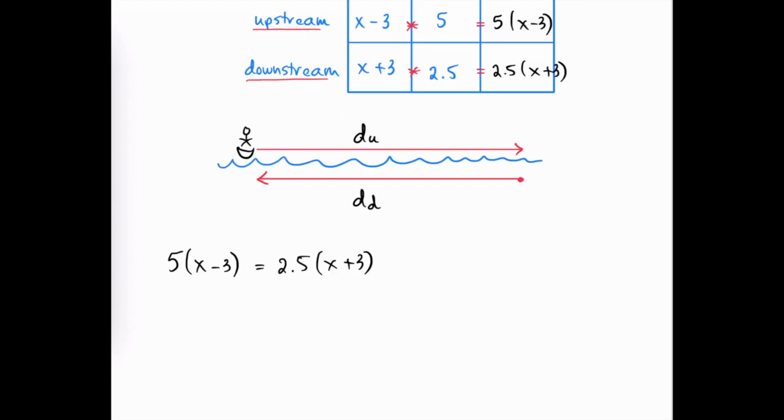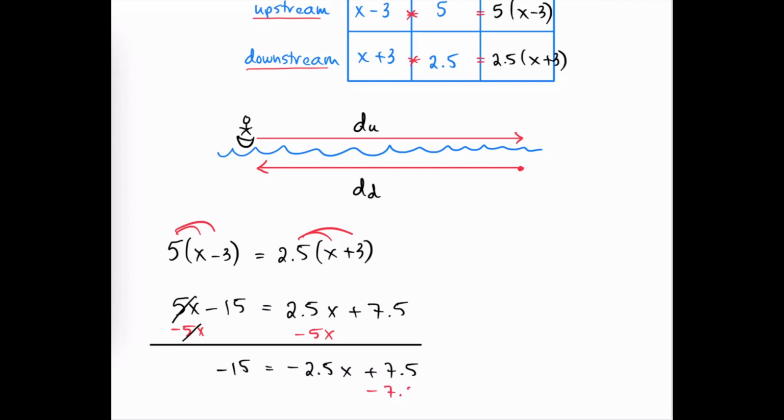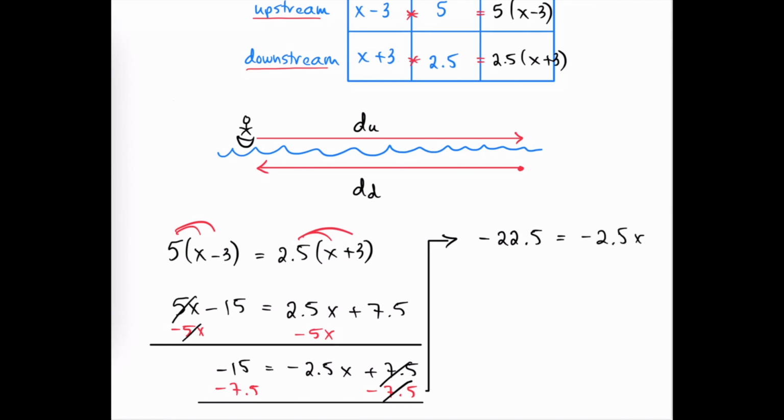Now we're ready to solve this linear equation. We'll distribute the 5 into the parentheses on the left to get 5x minus 15, and distribute the 2.5 into the right-hand side to get 2.5x plus 7.5. We get our variable terms to one side of the equation, which leaves us with negative 15 on the left, negative 2.5x plus 7.5 on the right, and then we subtract 7.5 from both sides to get negative 22.5 on the left and negative 2.5x on the right.